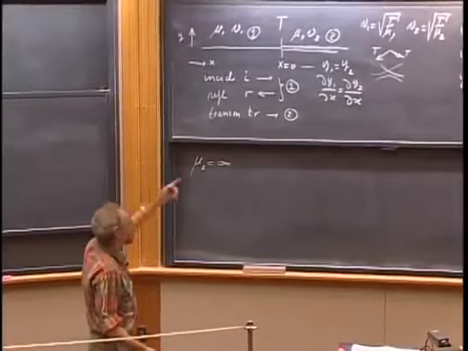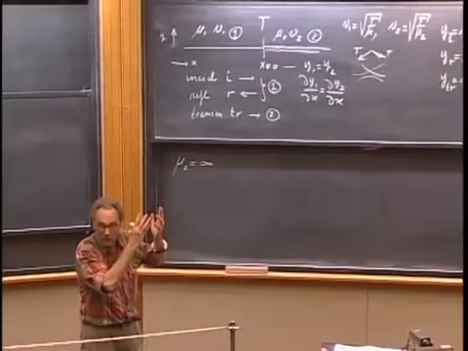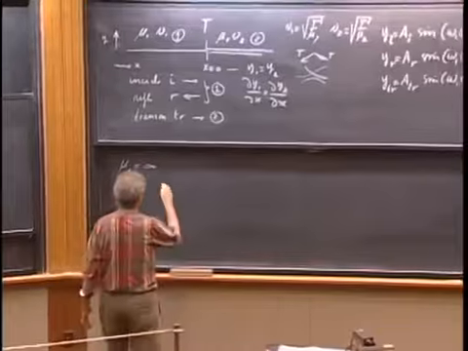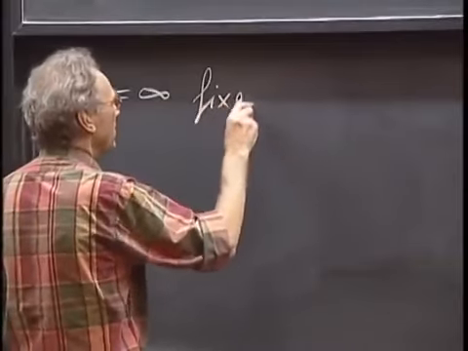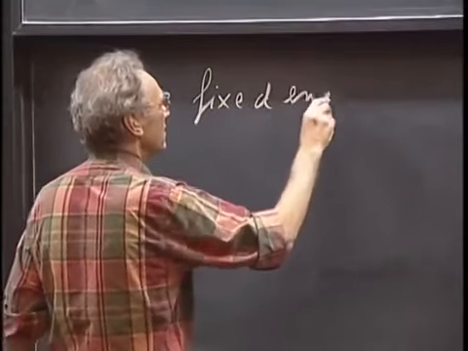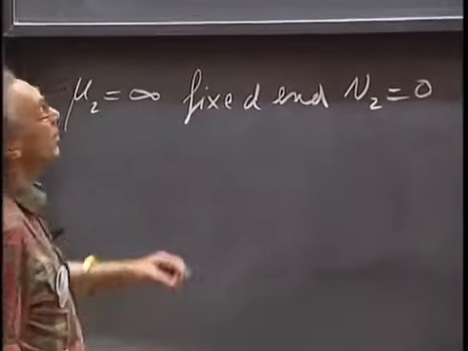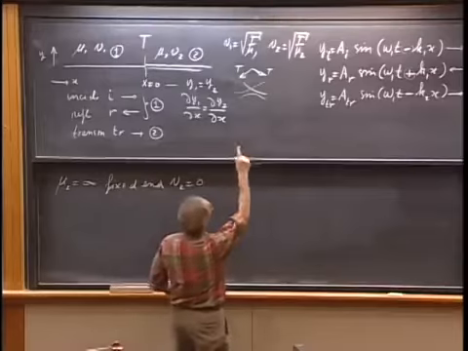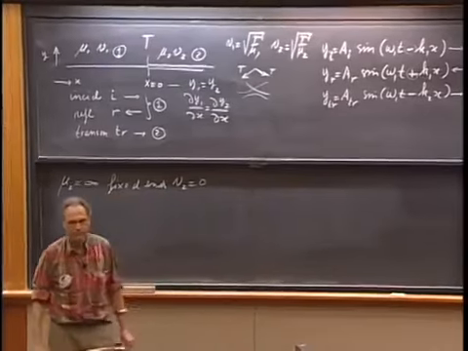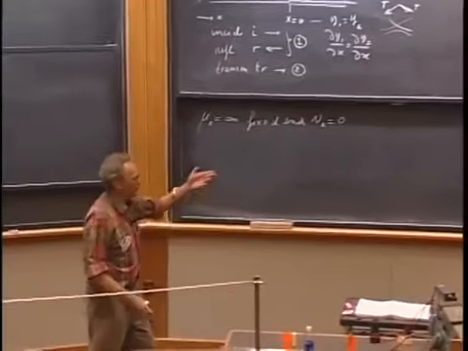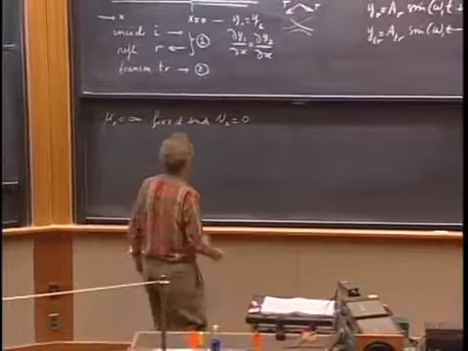The incoming wave couldn't possibly move the wall. So this is the same as what we earlier called a fixed end. In other words, v2 is 0, right? Because if mu2 is infinity, then v2 is 0. So now I go to those equations, and I say, what is now R?